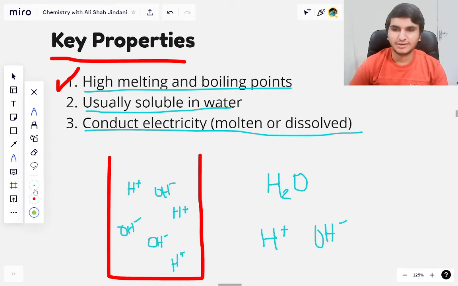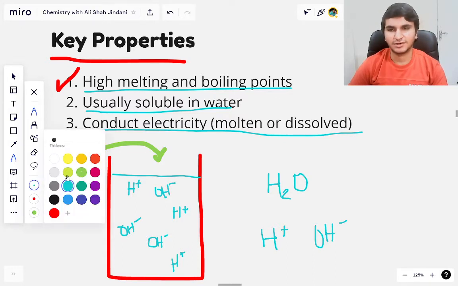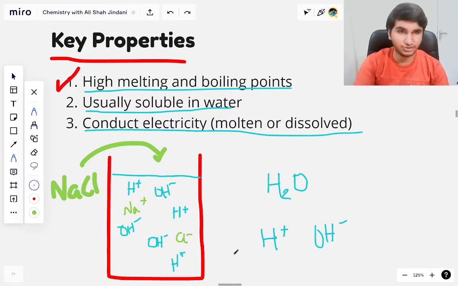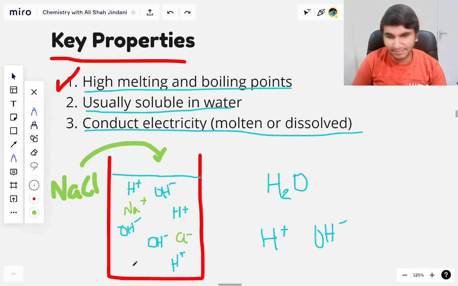Now if you put some ionic salt inside of water, say you put NaCl inside of this water, what is going to happen is that the Na ions and the Cl ions will separate. Remember that we had a lattice kind of structure that I showed you earlier on, and now that structure is broken down into separate ions.